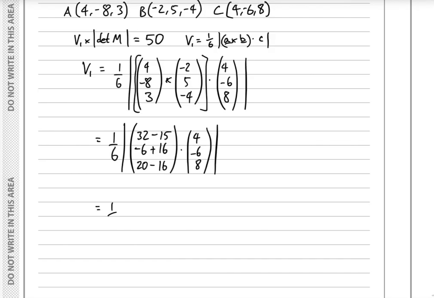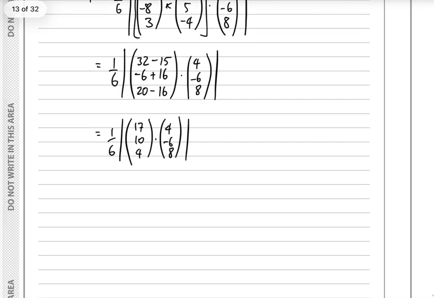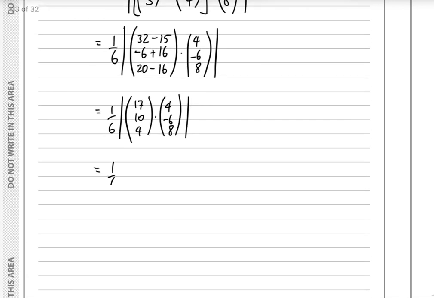So that simplifies to 17, 10, 4. 17 times 4 is 68 minus 60 plus 32. That gives us 40 over 6, or 20 over 3. So this is volume 1.